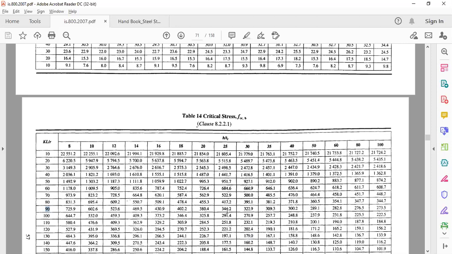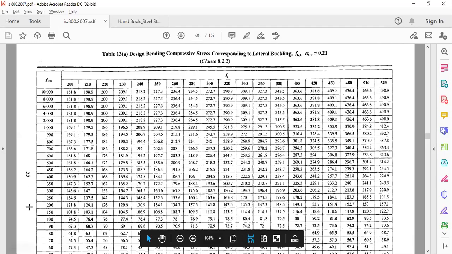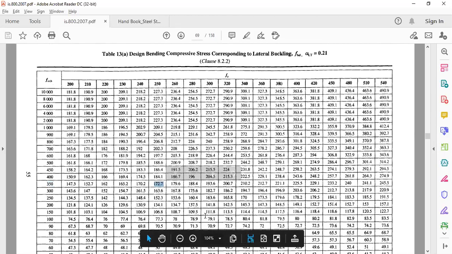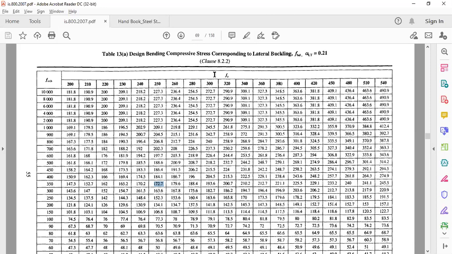Then our fcr value becomes 344.2, nearly 350, and our fy value is 250. Then our fbd value is 172.7. You got it now. So how to calculate these values?